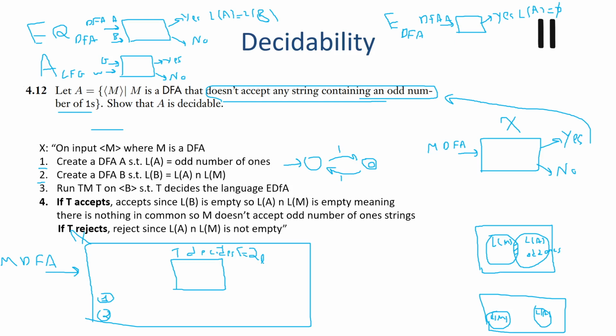EDFA. Oh, I keep saying EQDFA. You're going to hear me say that a lot. I don't know why I keep confusing the two. So it's EDFA, the language that just checks if something is empty. Using M, we created DFA A, and here DFA B. And it was this one that we fed into our machine.